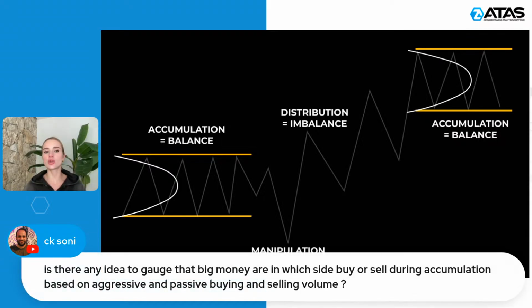No, you cannot predict in which direction the market is going to go after the accumulation phase. For this, you would need to be a market player who is accumulating these volumes, which is not possible. And if you were able to see the distribution between asks and bids within their accumulation, it's going to be approximately 50-50.